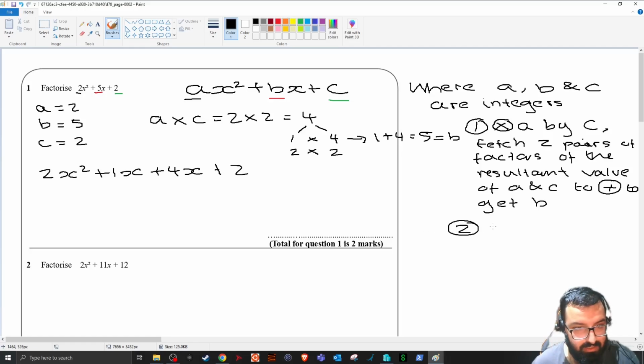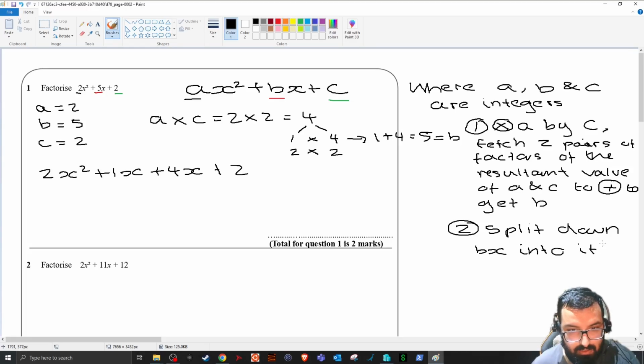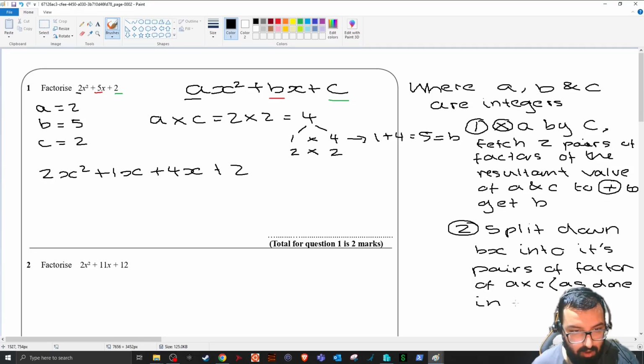So we're going to say split down bx into its pairs of factors of a times c, I'll say in brackets, as done in step 1. Yeah? Okay, so we're nearly there.